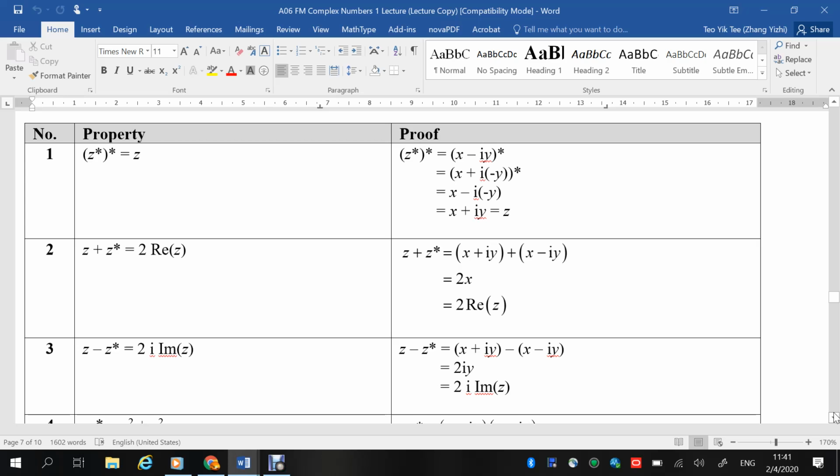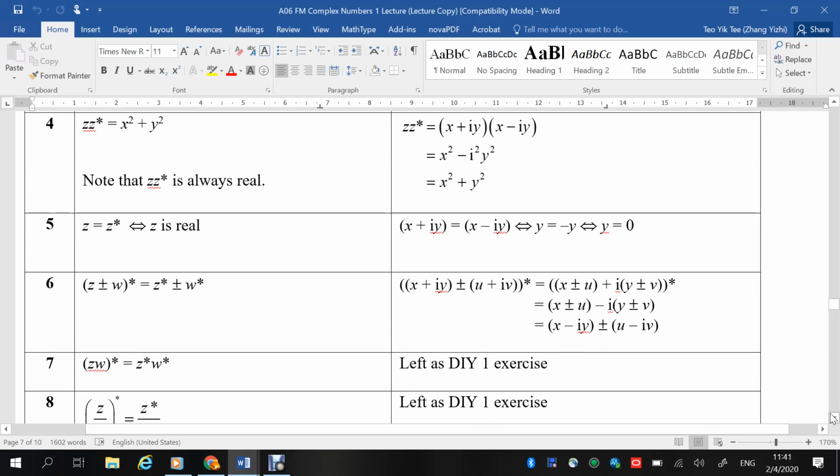Other than that, there is quite a whole list of properties. As I said, there are altogether 8 of them. Another property that's a bit difficult for you to remember is number 6. It's slightly difficult to remember because we always tell you, let's say I give you x plus 1 squared, is x plus 1 squared equal to x squared plus 1 squared?